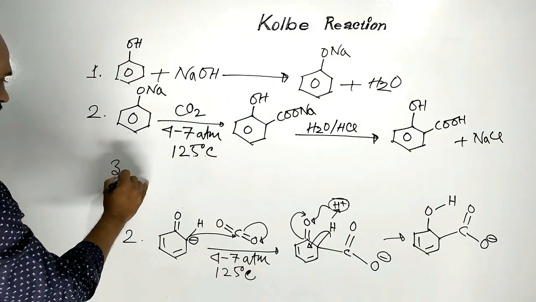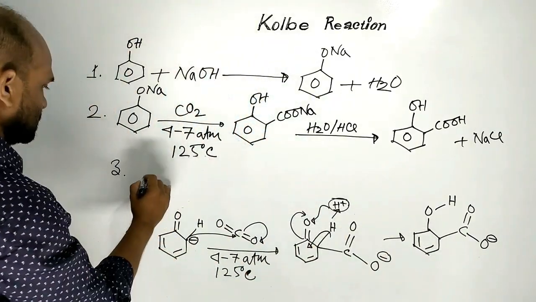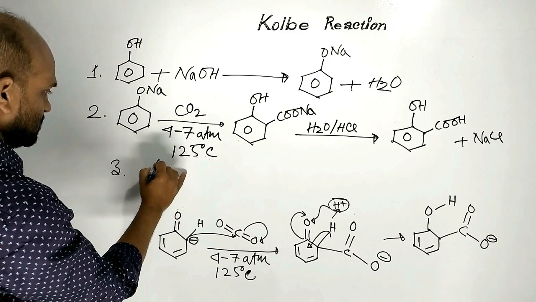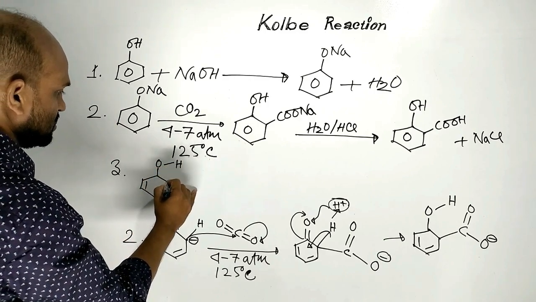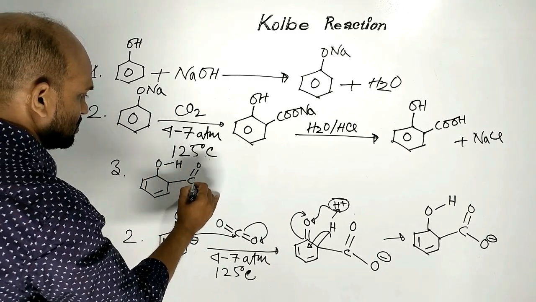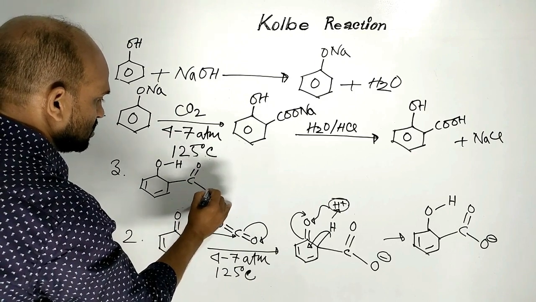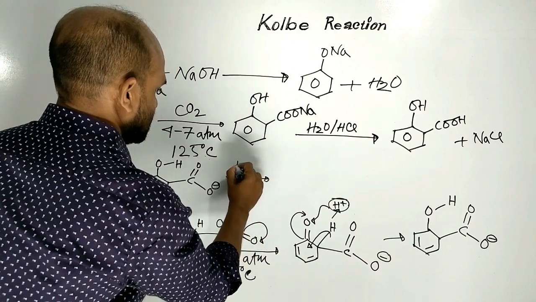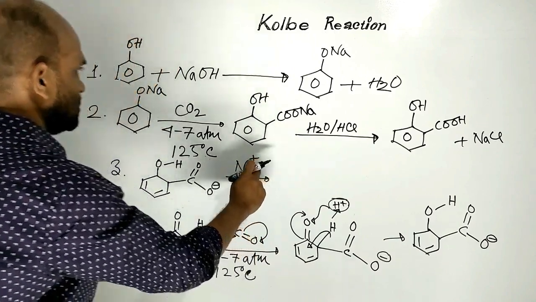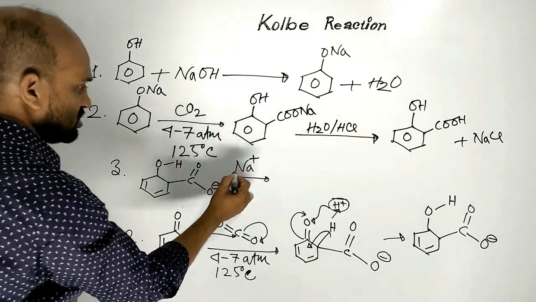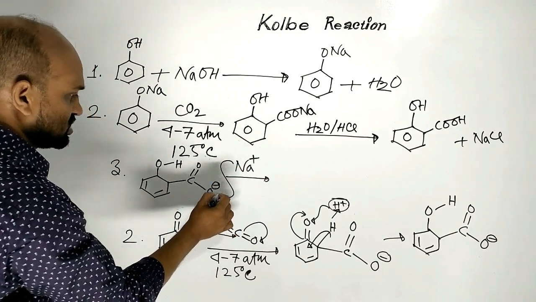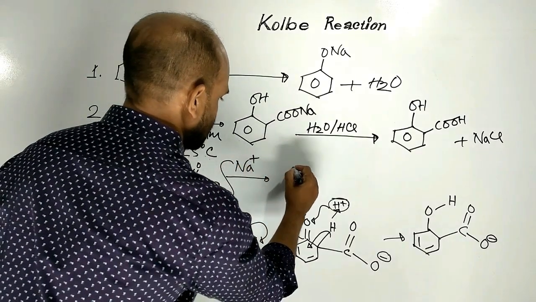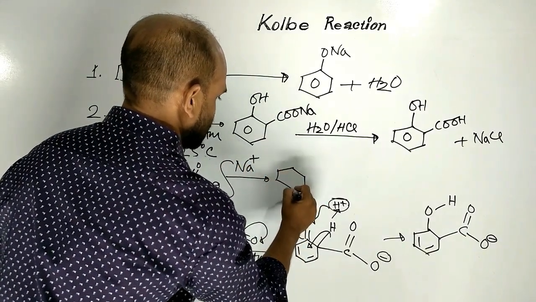Step 3. This ion, hydrogen, here carbon oxygen double bond, oxygen with negative charge. Sodium ion present in the solution combines with this oxygen which carries negative charge to form this compound.